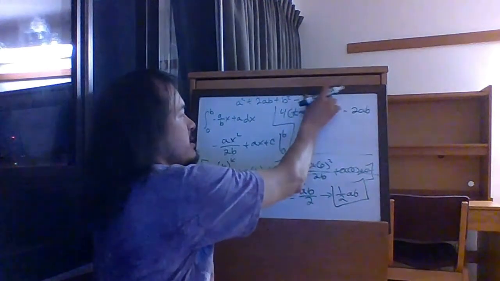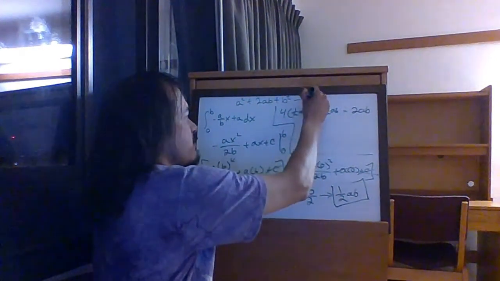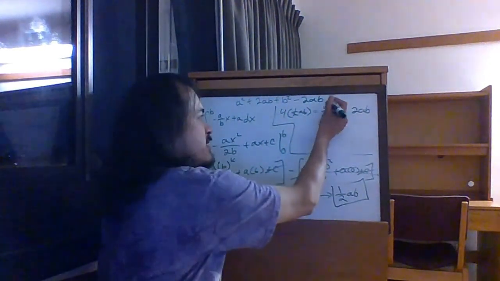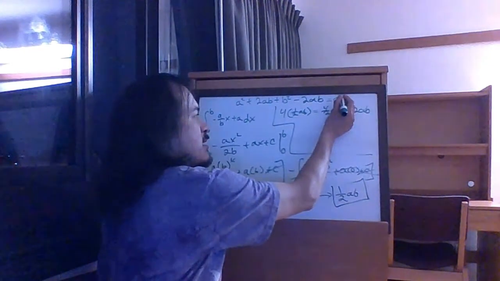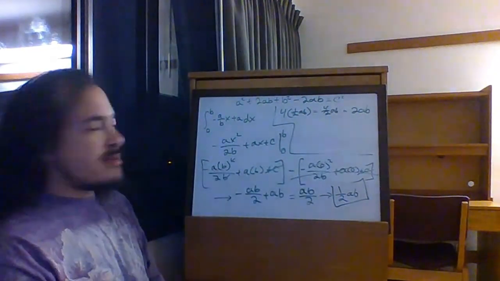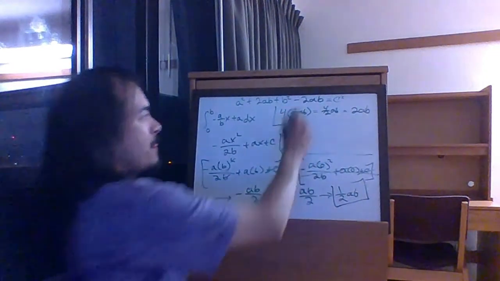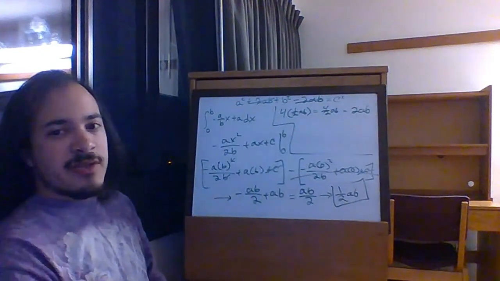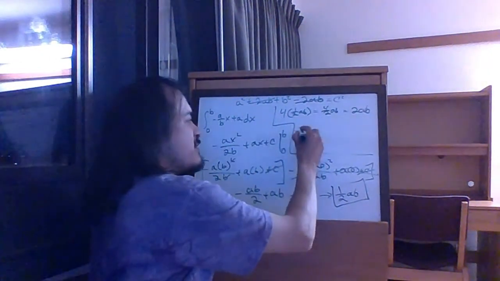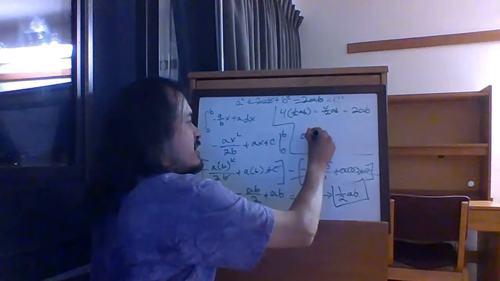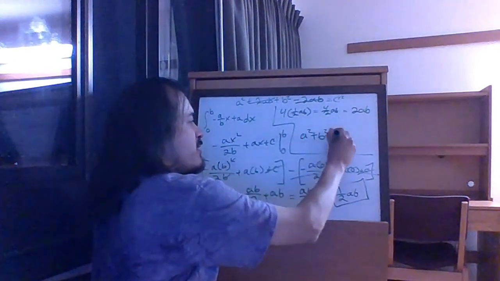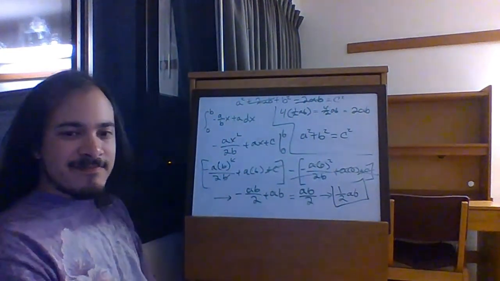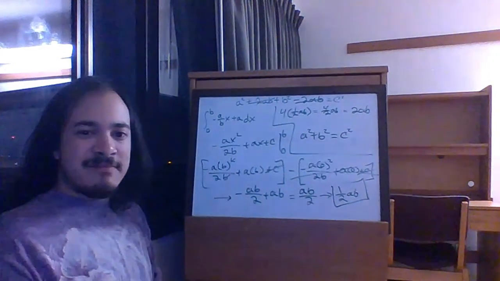So I did this, and now we have minus 2 AB, and all of this is equal to c squared. The negative and the positive cancel each other out. So all that's left is a squared plus b squared is equal to c squared. All right, thank you for showing up. I'll see you next time.